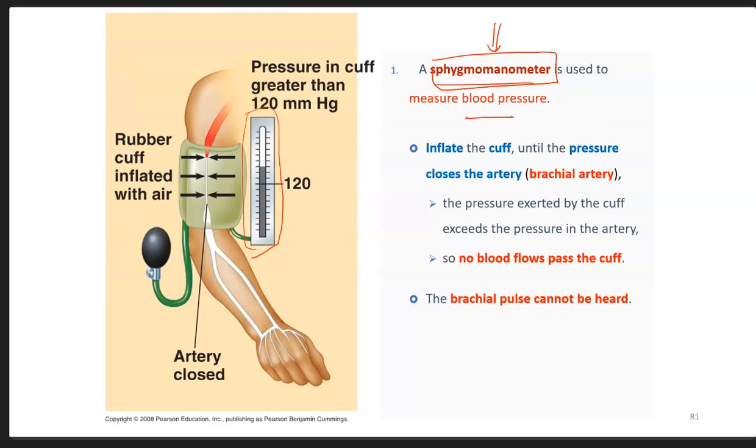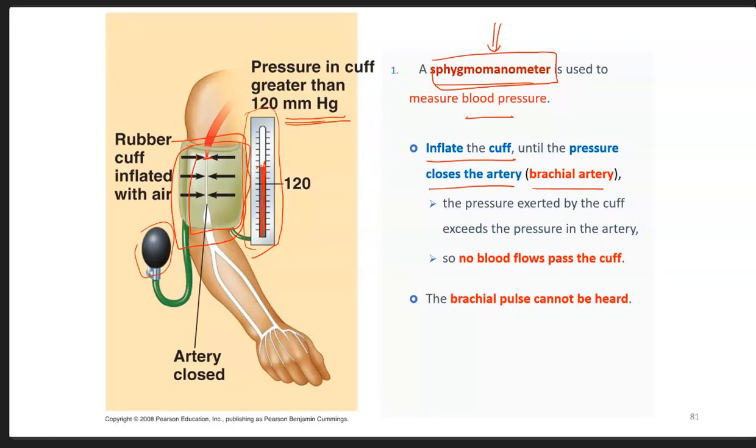And then it has a bulb that you can press to inflate the cuff. When the cuff is inflated, it exerts pressure against the blood vessels, the artery that runs down your arm. So first of all, inflate the cuff until the pressure closes the artery, which is the brachial artery.